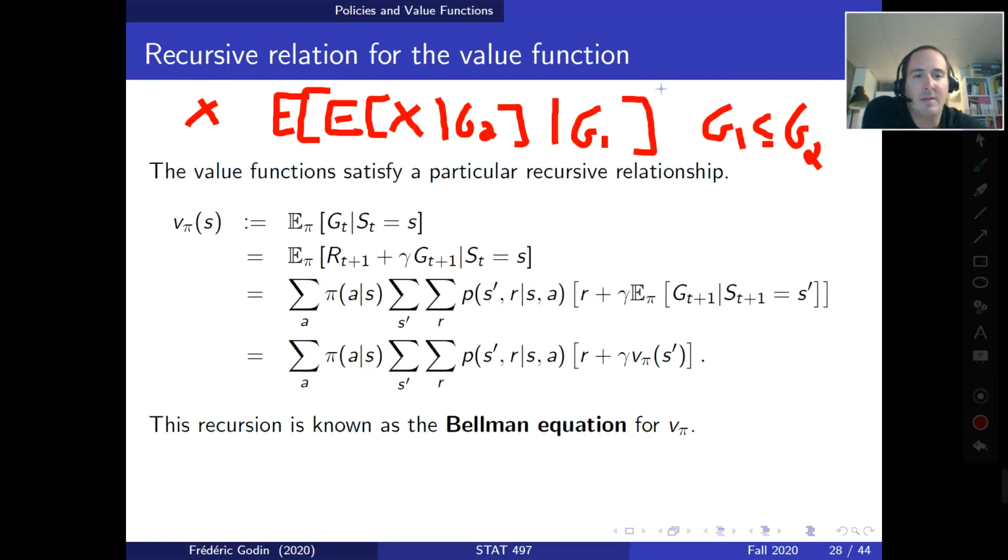Then the conditional expectation of the conditional expectation of x given the set of information with more information, and then given the set with less information, is equal to the expectation of x given G1.